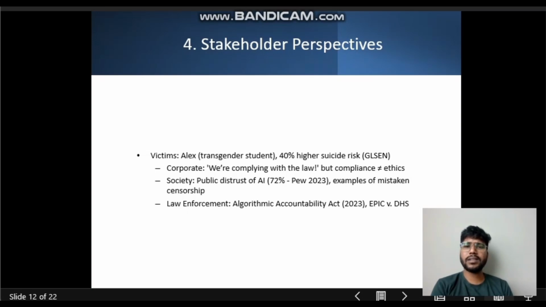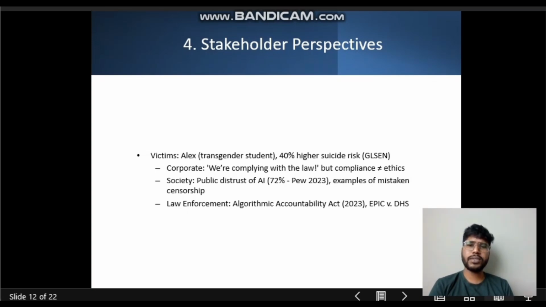So this tension reflects a broader societal challenge: how do we balance competing values? On one hand, we want to protect vulnerable groups from harmful content, and we also want to ensure access to legitimate information and uphold free speech, right?